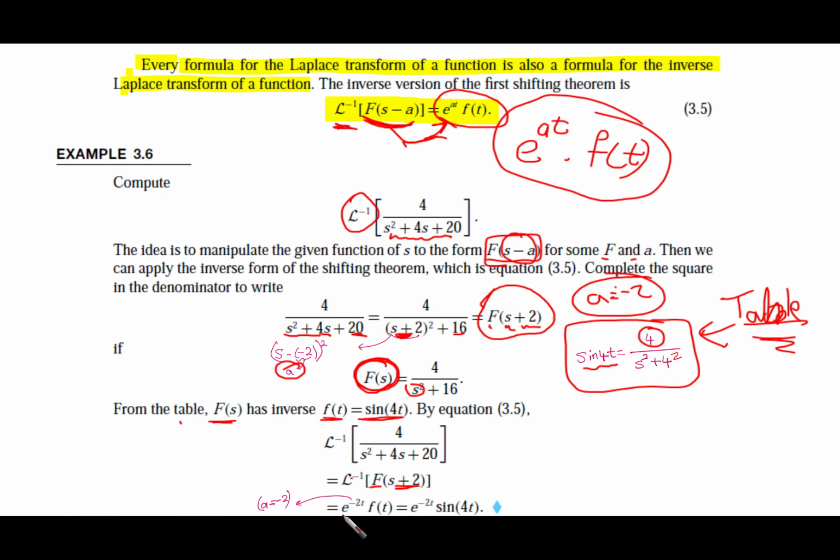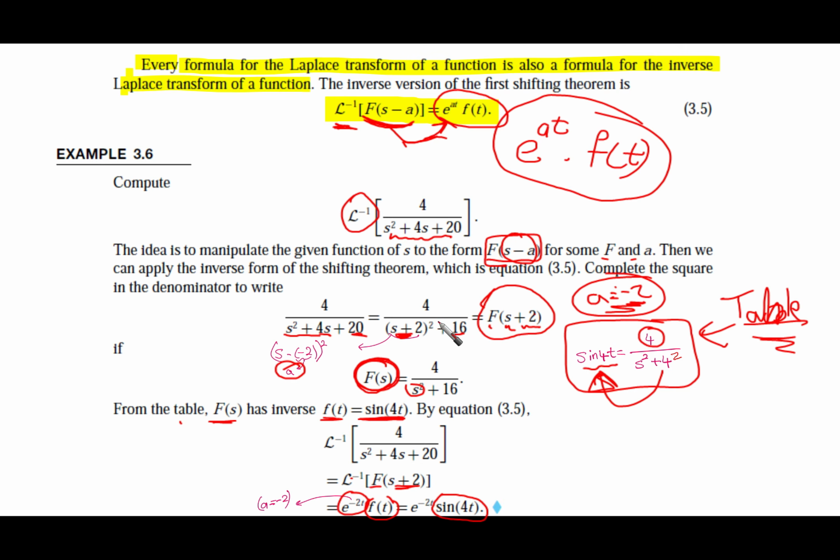And this would equal e to the at. As I said, a here is minus 2. So e to the minus 2t times f of t. What is our f of t? It is sine 4t, from the table.